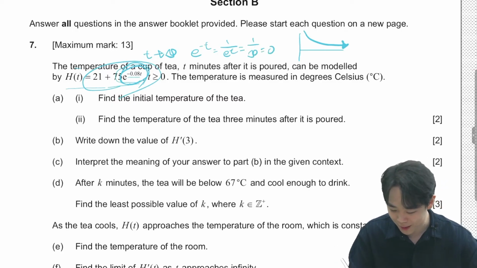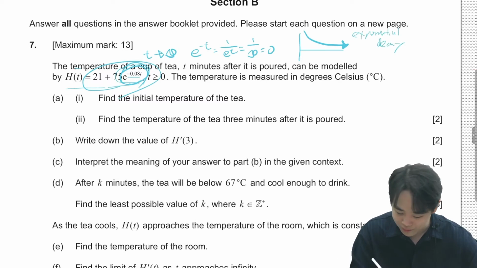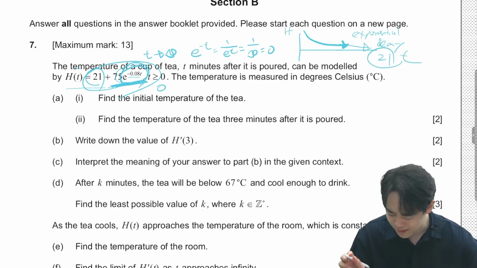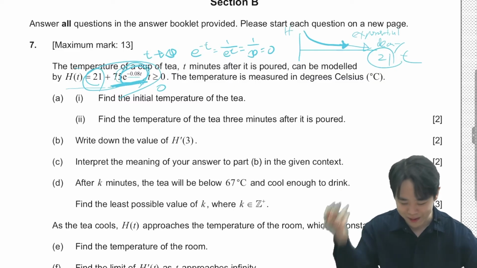Normally, this is an exponential decay function, but we have a plus 21 here, so this term goes to 0, and we have our temperature reaching 21 degrees Celsius, right?